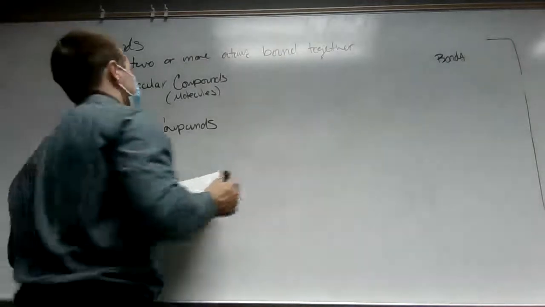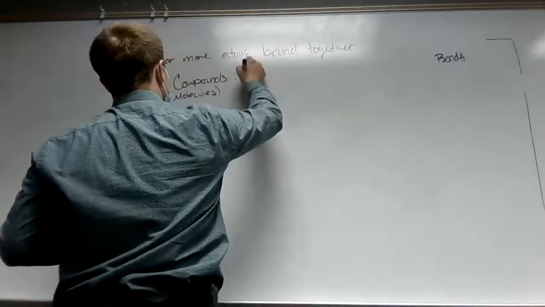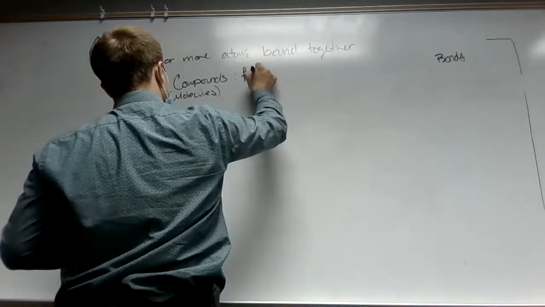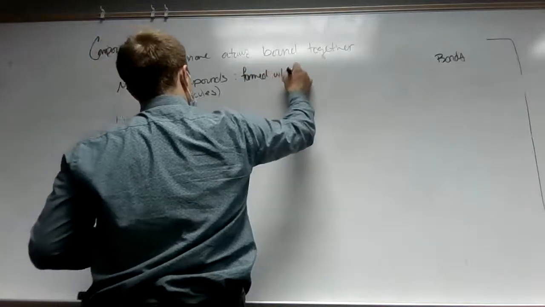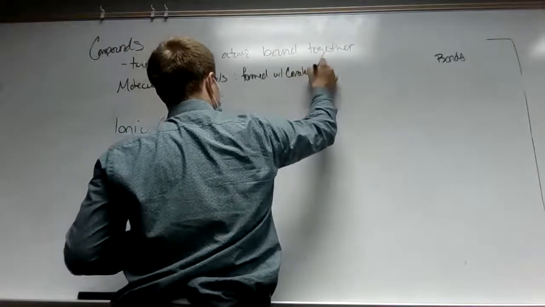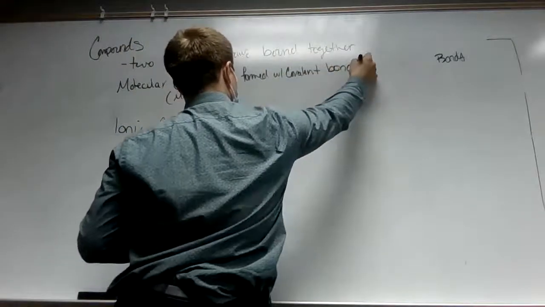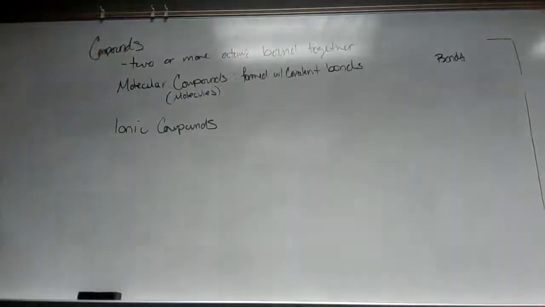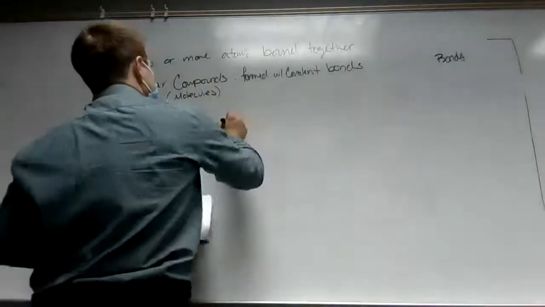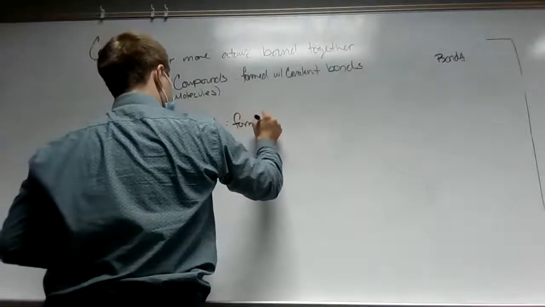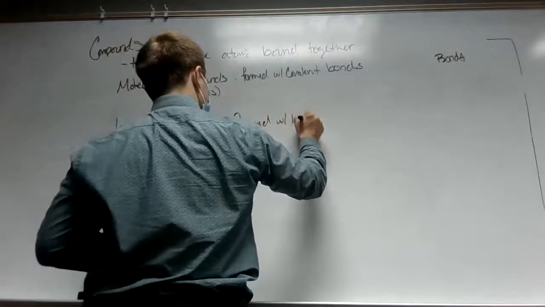Molecular compounds are formed with covalent bonds, whereas ionic compounds are formed with ionic bonds.